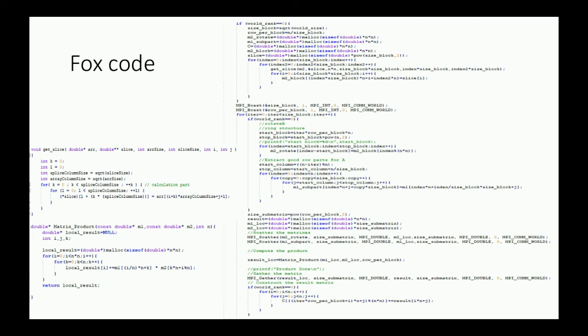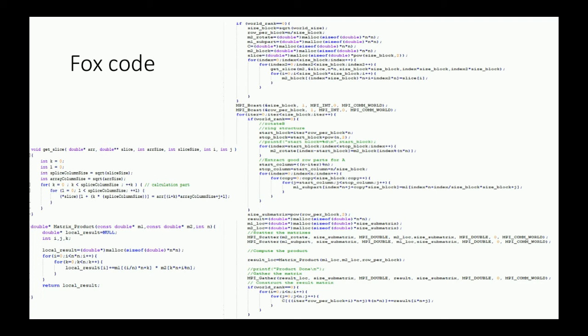So we start by slicing B and broadcasting it to the processors. We don't broadcast B first. We just broadcast some block size and row per block.